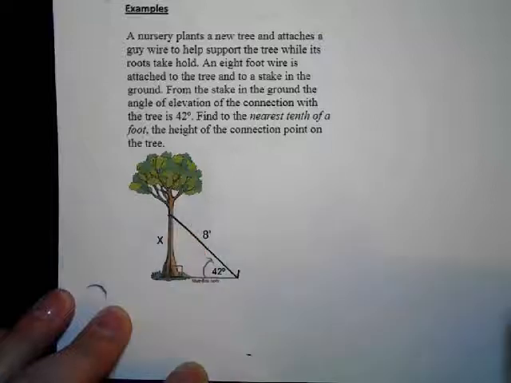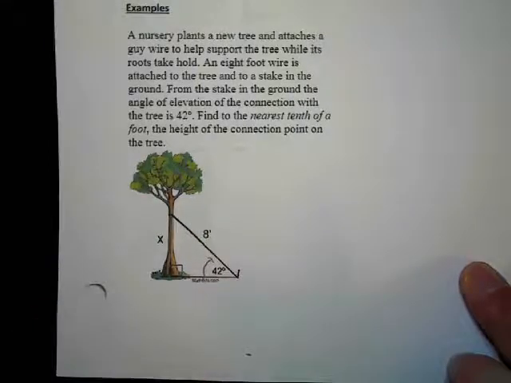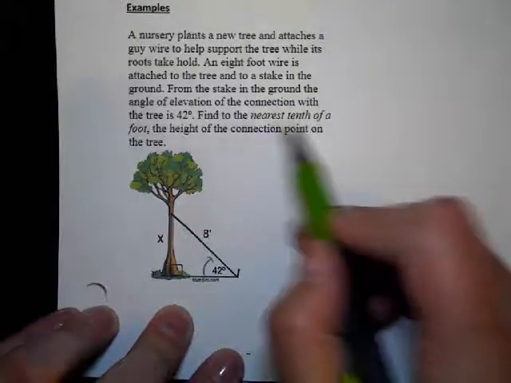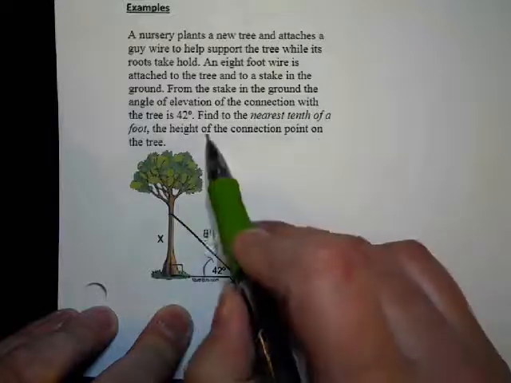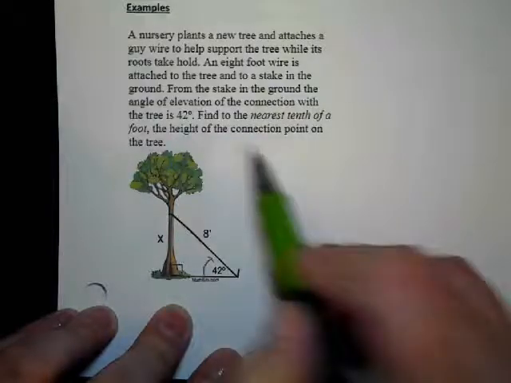The reason that it matters is because we have learned that the sides are labeled based on the angle. So the opposite side is dependent on which angle is labeled as 42. The adjacent side is labeled based on which angle is 42. That's why it matters. Okay? Find to the nearest tenth of a foot the height of the connected point on the tree.